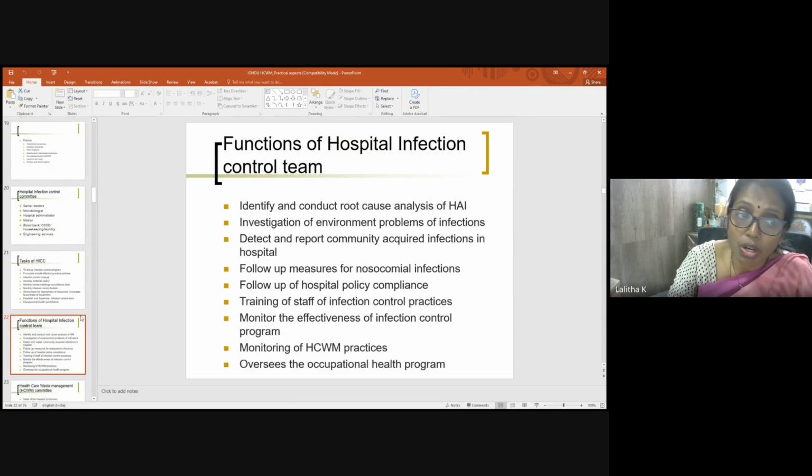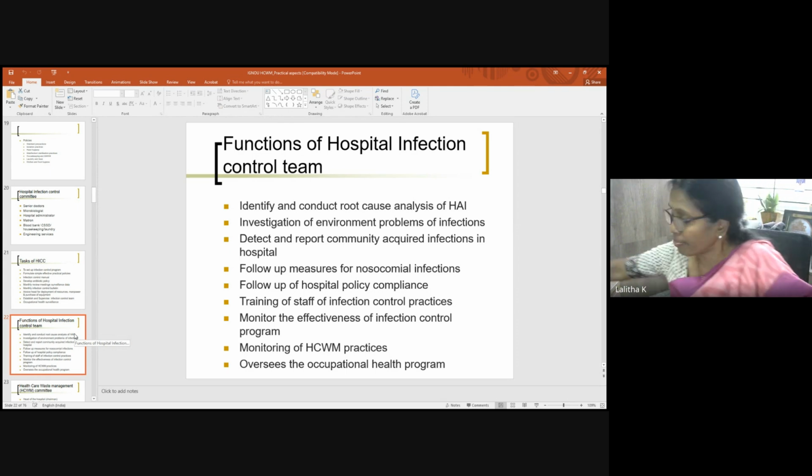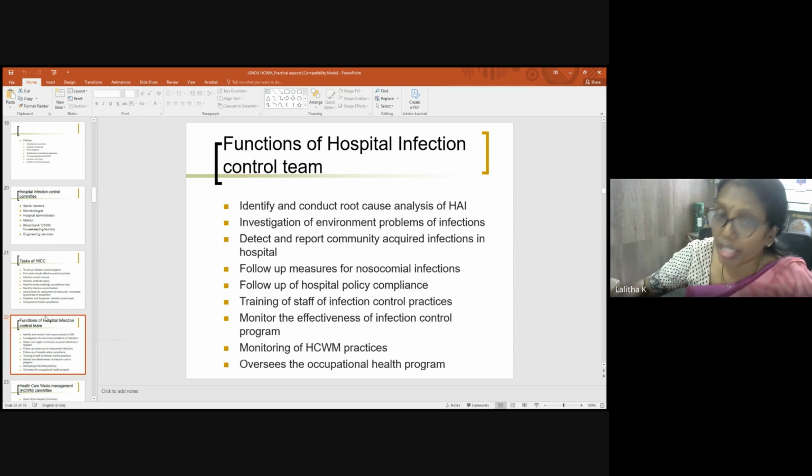The infection control team are the ones who are on the ground. They are part of HICC and will be the extended arm of HICC. They look into identifying and conducting the root cause analysis of hospital-acquired infections, looking out for environmental sources of infection, reporting community-acquired infections in the hospital, and taking up measures for nosocomial infection.